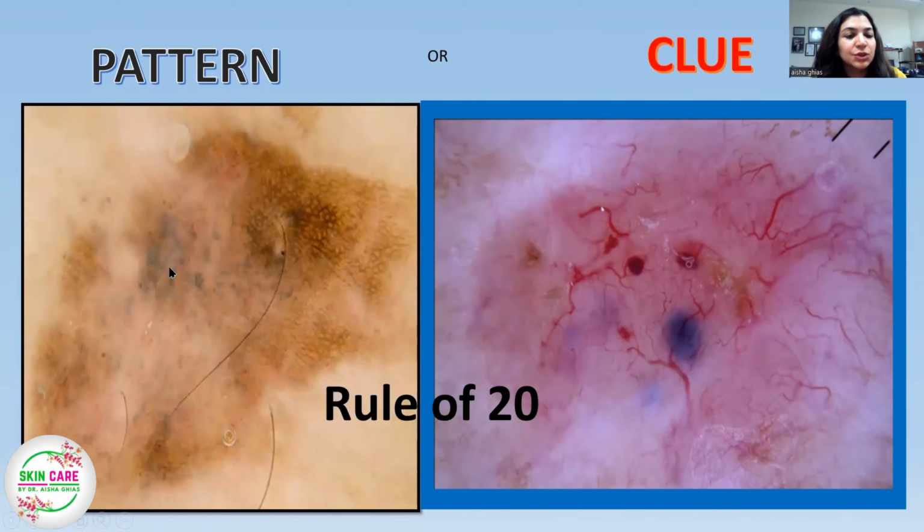As for example, on the left hand side, you see that the pigment network is present in more than 20% of the lesional surface area that you are seeing with the dermoscope, and we call it a pattern. So there's a pattern of pigment network. However, on the right hand side, if you see this clod, is it a pattern or a clue? It's a clue.